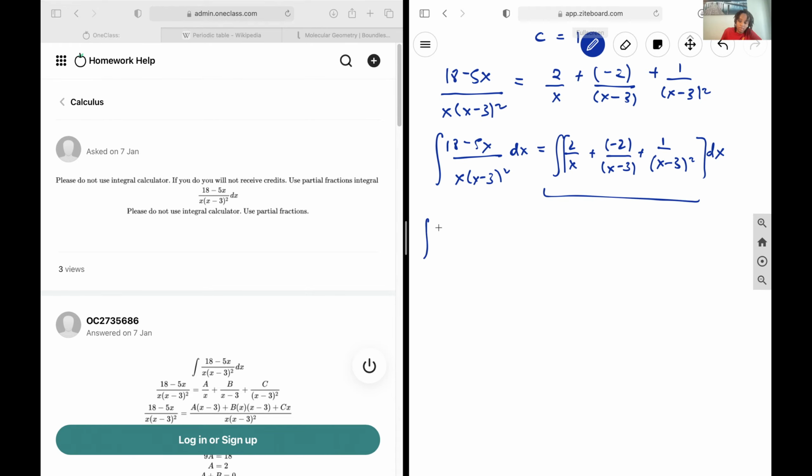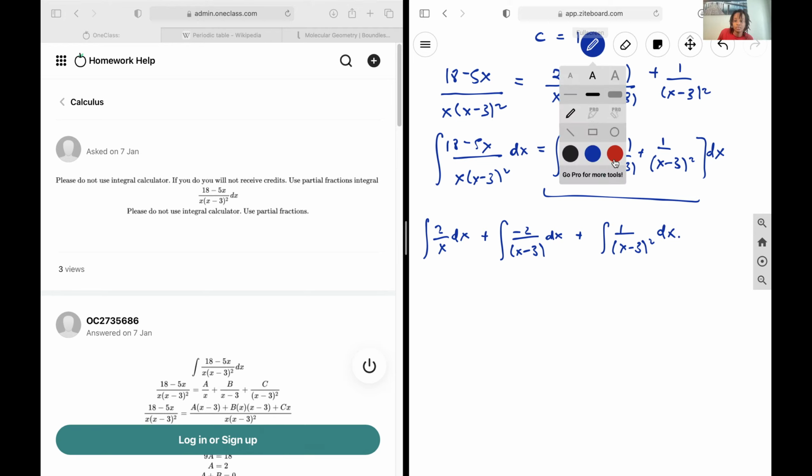So it'll become the integral of 2 over x dx plus the integral of negative 2 over x minus 3 dx plus the integral of 1 over x minus 3 squared dx.